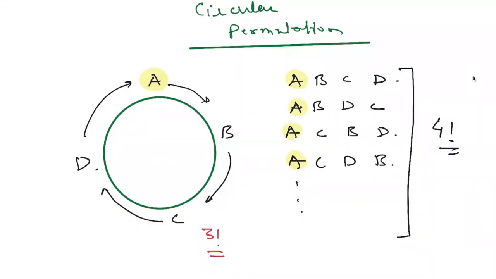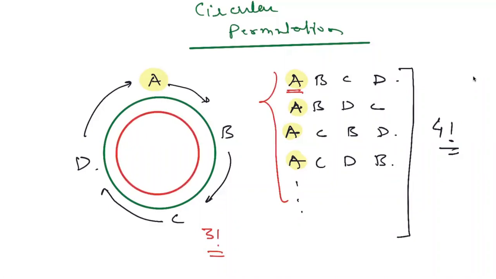Because in linear form it starts with A, but in circular form it will not start with any of A, B, C or D. So we have to fix one position, so that around this A, other persons can sit.